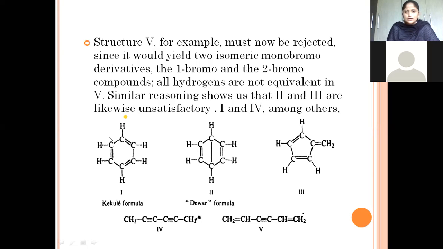They are conjugated, they will migrate the double bond from one carbon atom to another. So this will be the acceptable structure of benzene from Kekule. But before this structure, Kekule has given these many structure series.